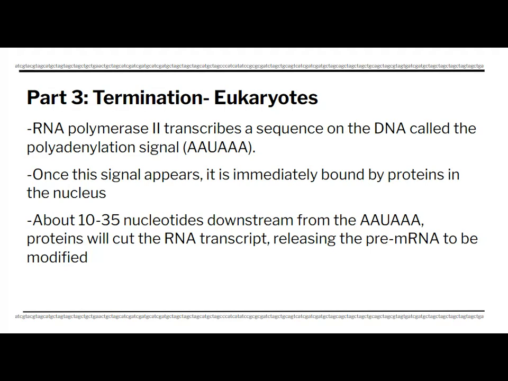That transcript will then be modified, but first we need to figure out what is going on with the RNA polymerase, because it's still going. We've just released the mRNA from it. We got what we wanted. We got our transcript. It will now go be modified. But the RNA polymerase is still going.